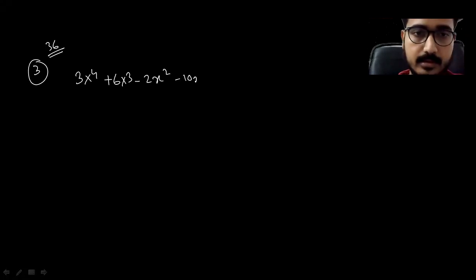Read the question. The question is that you have to obtain all the zeros of the polynomial given, 3x to the power 4 plus 6x cube minus 2x square minus 10x minus 5 equal to 0.